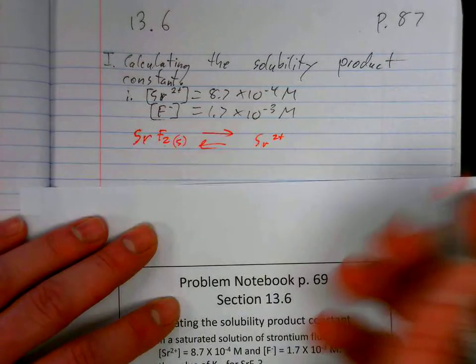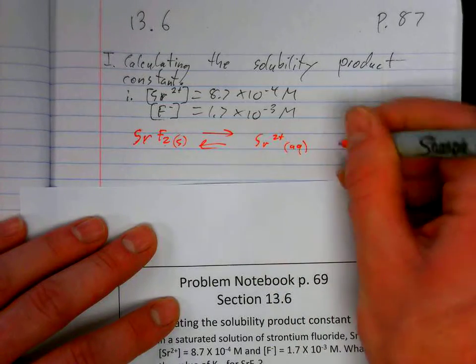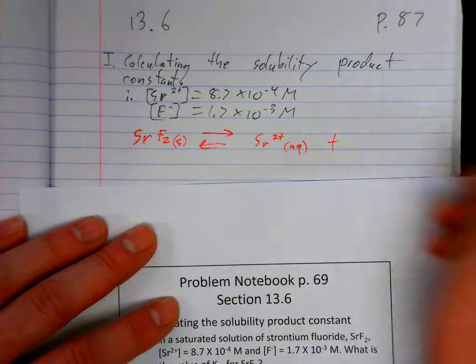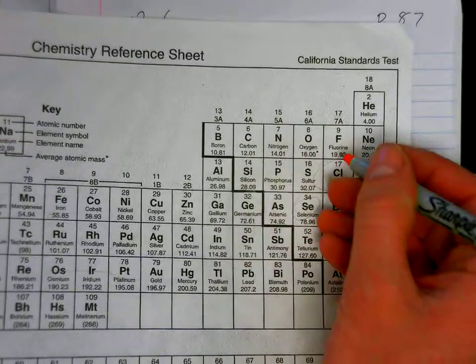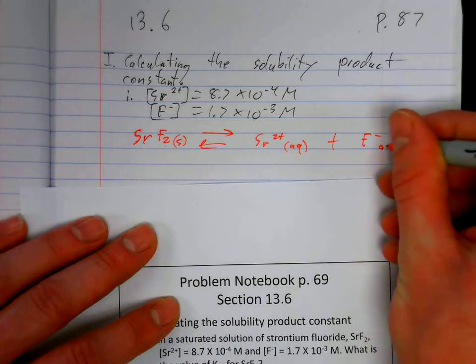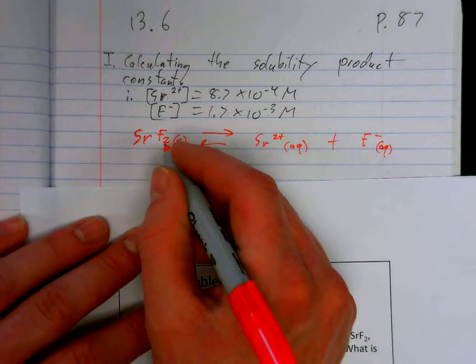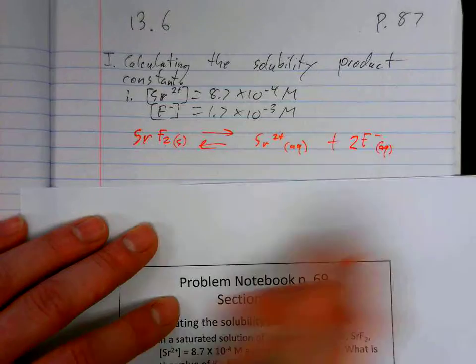Fluoride, based on the pattern, forms a -1 charge, aqueous. Now what about this 2 right here, the 2 subscript? Well, that means we need to put a 2 coefficient in front of the fluoride. So here's our dissociation equation.